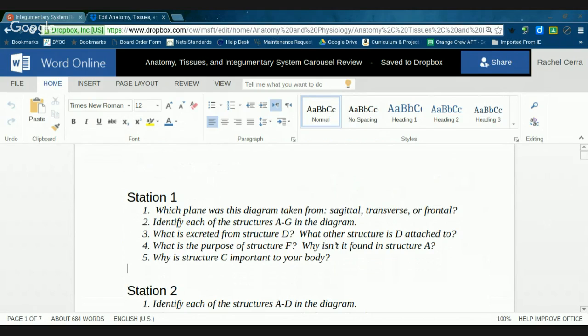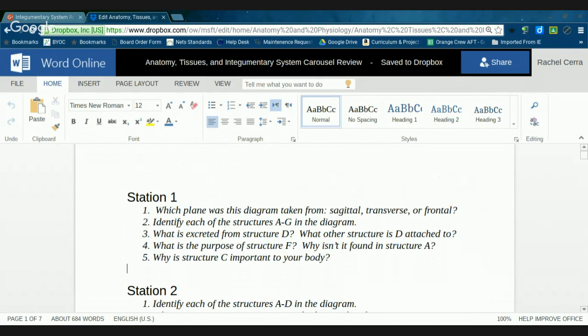Number 4, what is the purpose of structure F? Structure F is the blood vessel, so its job is to provide blood to your subcutaneous layer and to your dermis. Since it's carrying blood, it's going to provide oxygen and nutrients to those 2 layers.